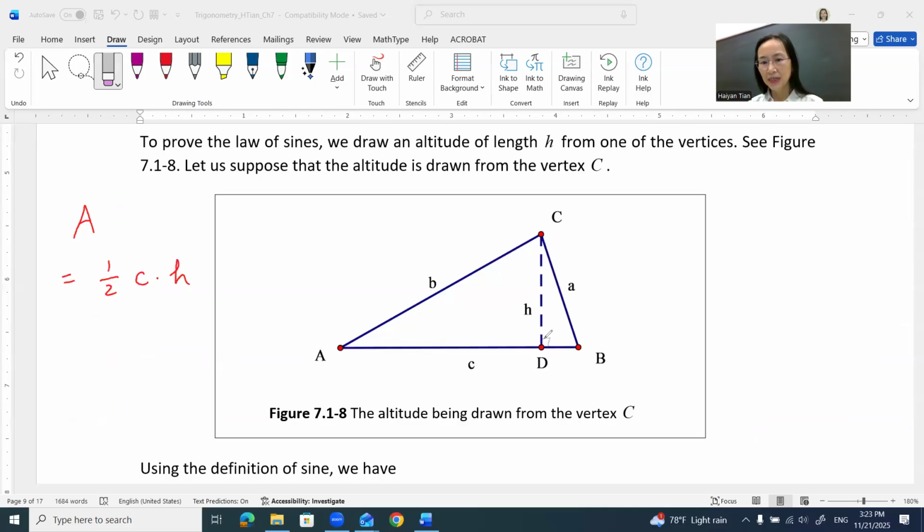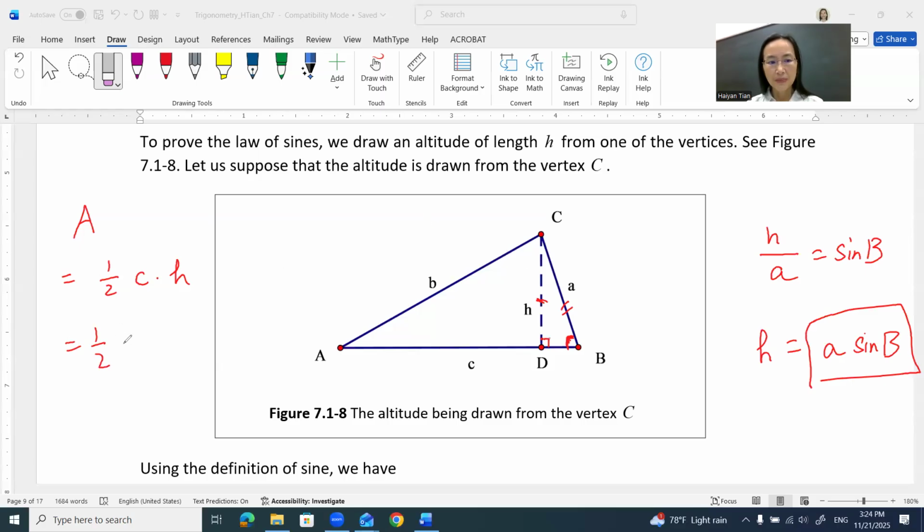But this h, if we look at the other right triangle, this h is the leg opposite B. So we know that opposite over hypotenuse is the sine of capital B. So again, we can express h in terms of a and capital B. Now if I use this expression for h and put it into the formula, half the base times h, which is a sine B.